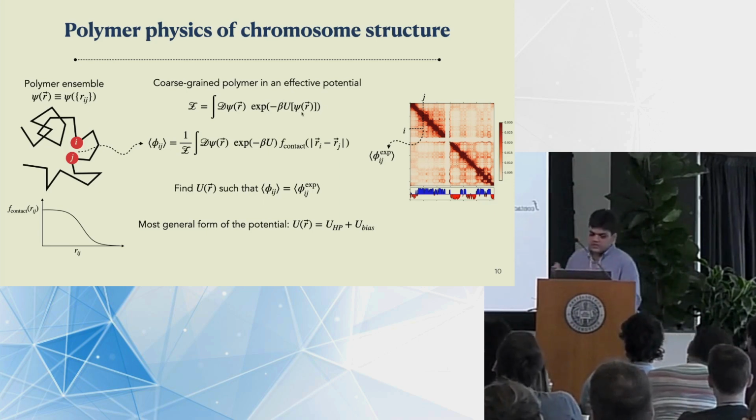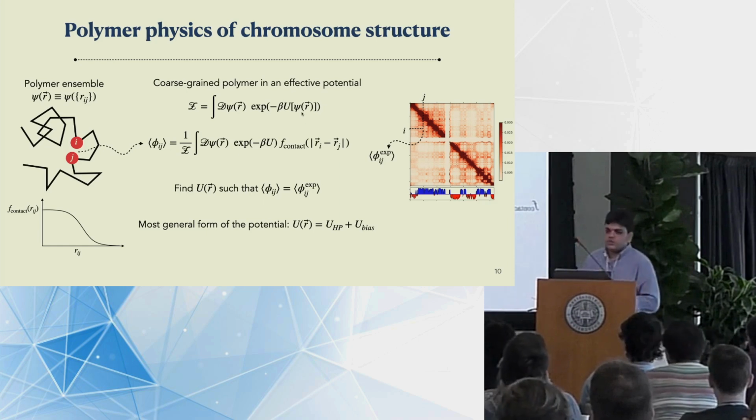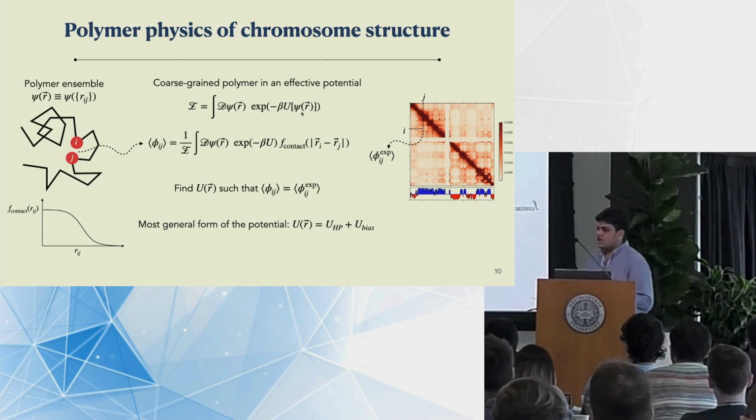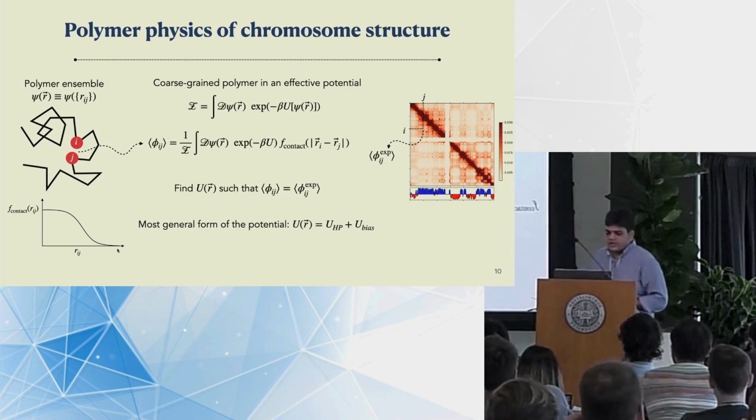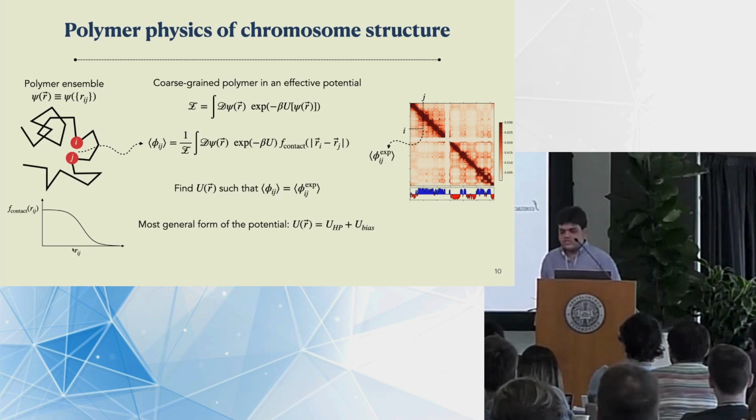From there, given this partition function, we can compute the probability of contact between any two pairs of loci, say i and j. We can define a contact function that looks like a sigmoidal function. When they come close with respect to some cutoff parameter, we call it a contact. Otherwise, we call it not a contact.